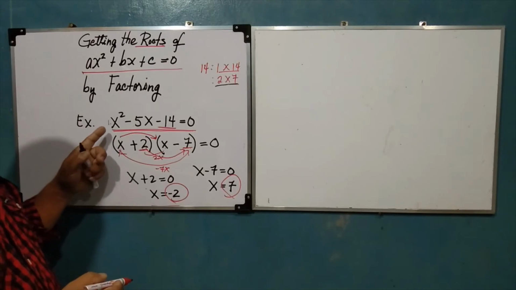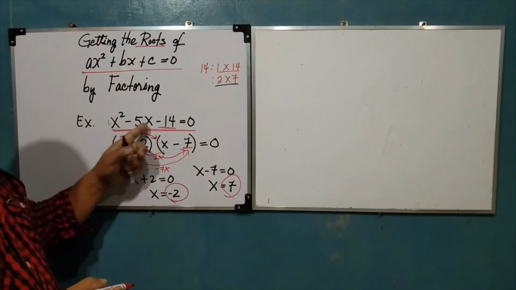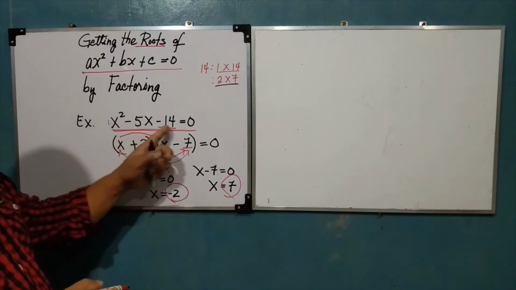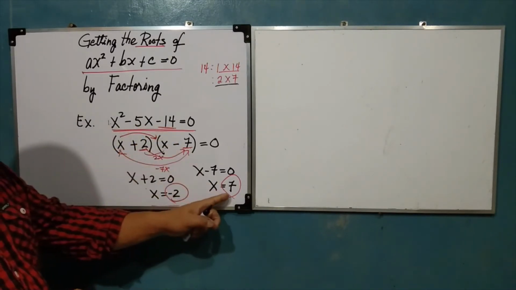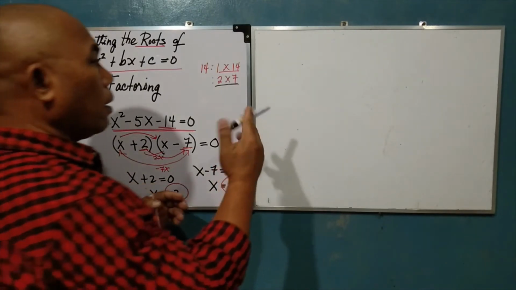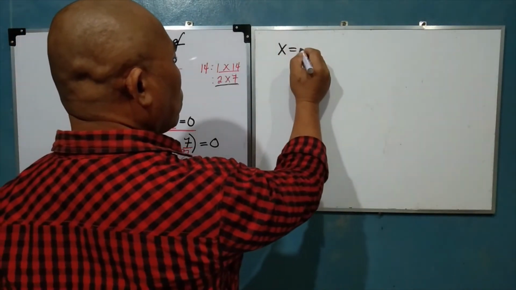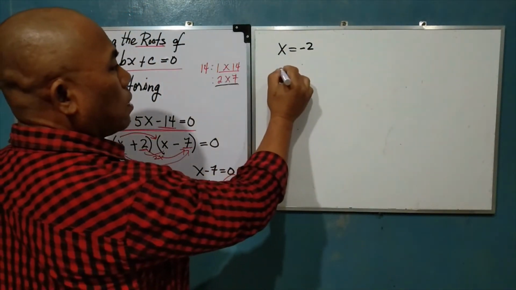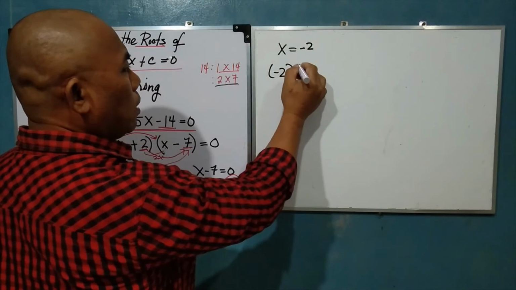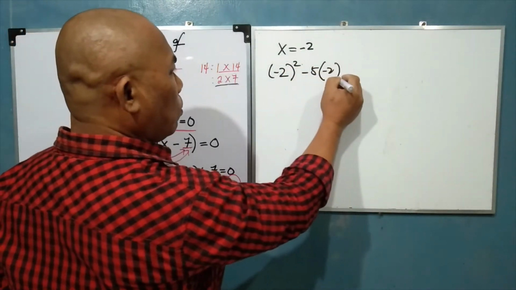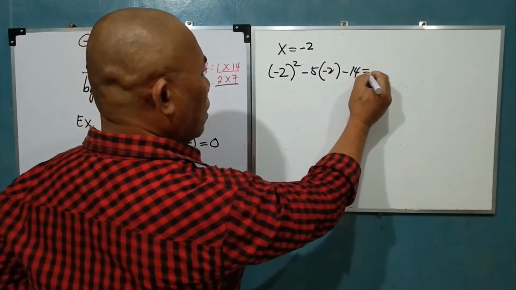Meaning, if you are going to replace x by negative 2, this will become 0. If you are going to replace this side by 7, you will get 0. Let's check that one. If x is equal to negative 2. So you have this x, negative 2 squared, minus 5 times negative 2, minus 14 equals 0.